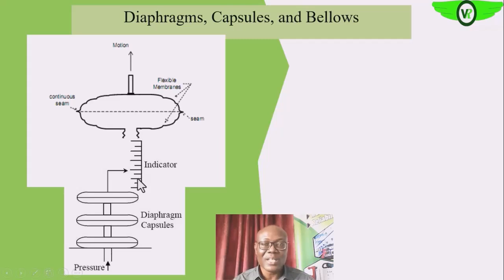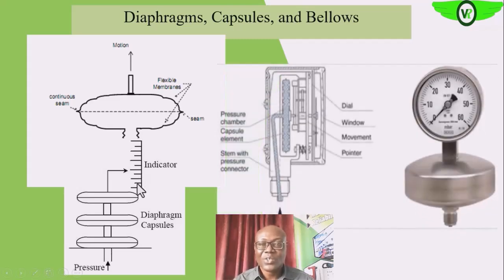So the capsule is another very simple pressure sensor. Here, as you can see, this is the capsule, it stretches, and then this is the mechanism, and here we have the dial in the front, and this is the gauge, so to say. This is what we are discussing.